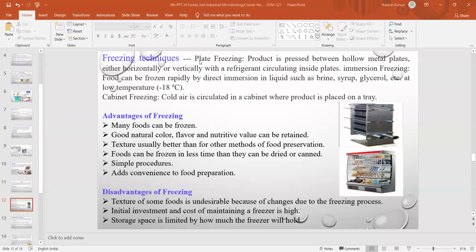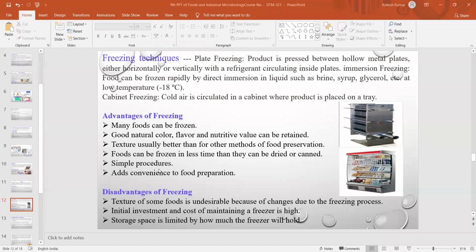Now the freezing technique. Sometimes people use a plate chiller, or in some cases a cabinet type of chiller. So what are the advantages of freezing? Many foods can be frozen. Good natural color, flavor, and nutritive value can be maintained in that particular food item. Texture is usually better than with other methods of food preservation. Food can be frozen in less time. They can be dried or canned.